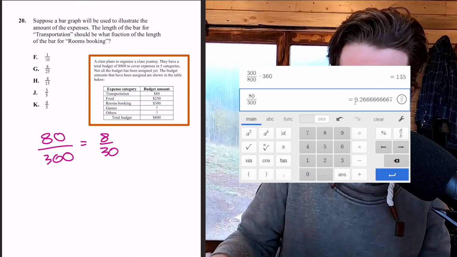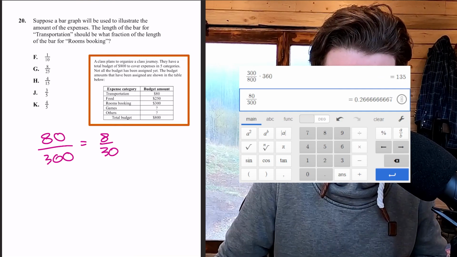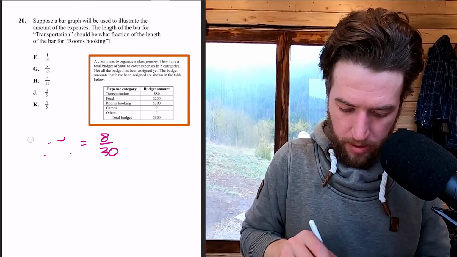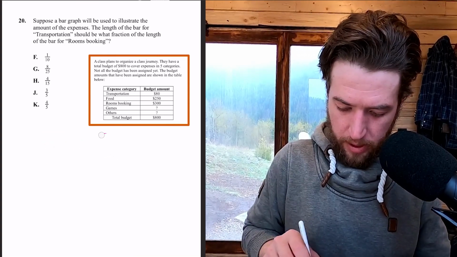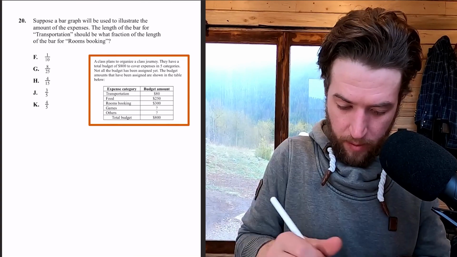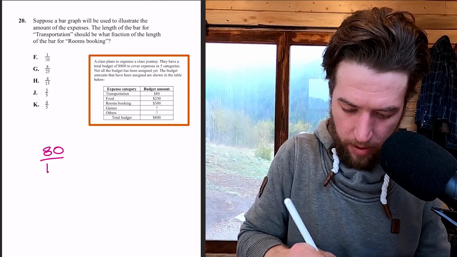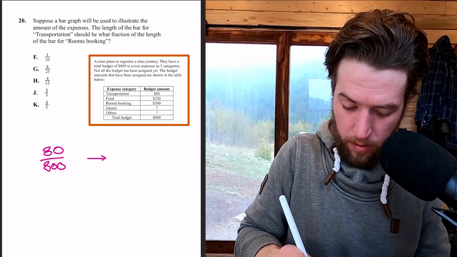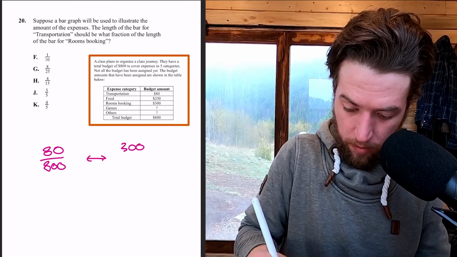Okay, let me get rid of this calculator because they just want it in fractions anyway. I think what they're asking is, I don't want to spend too much time on this, what is 80 out of 800 total compared to 300 out of 800 total?